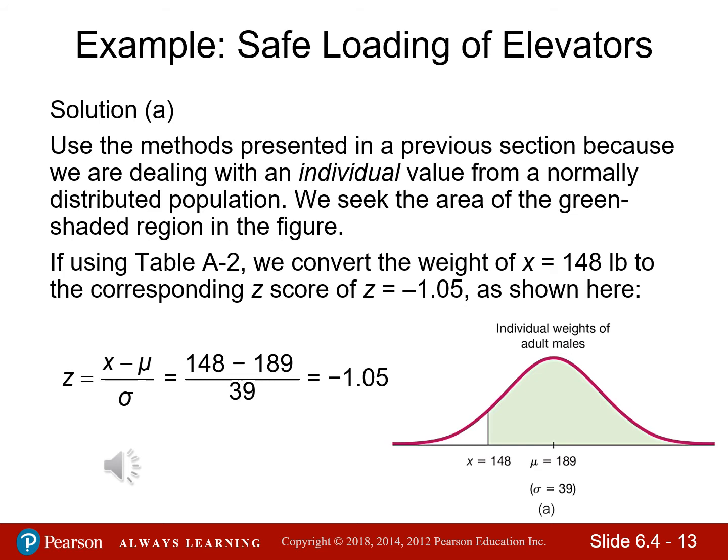If we are using table A2 in the back of our book, we can convert the weight of 148 pounds to a corresponding z-score. So we do this by using our z-score formula of 148 minus 189 divided by 39, and that equals negative 1.05.